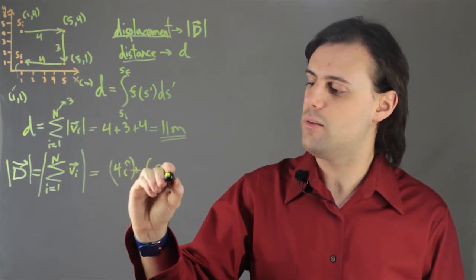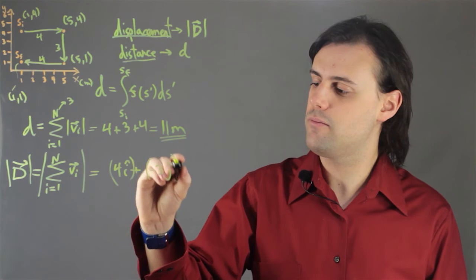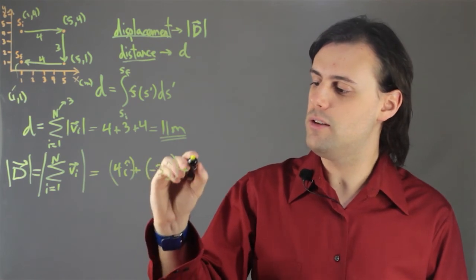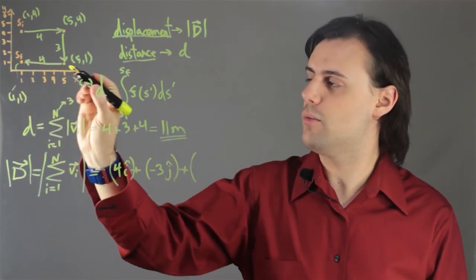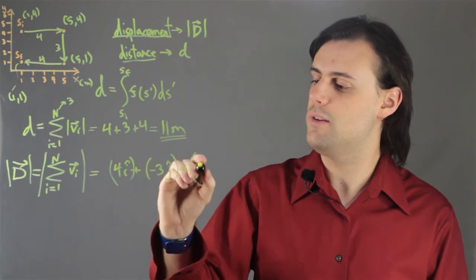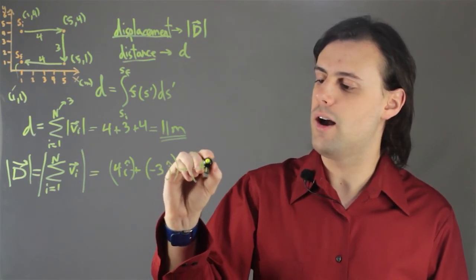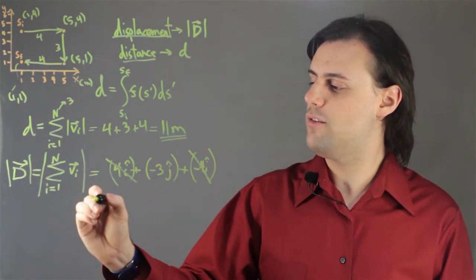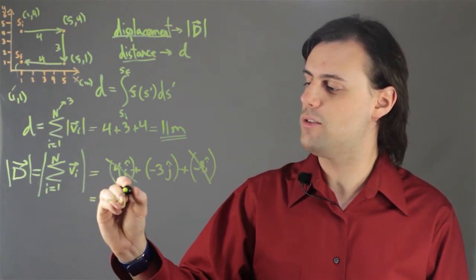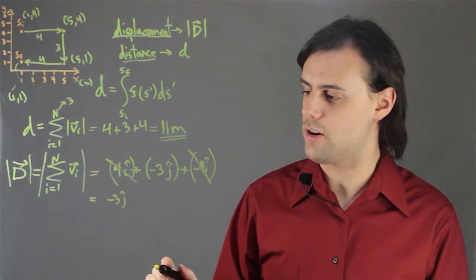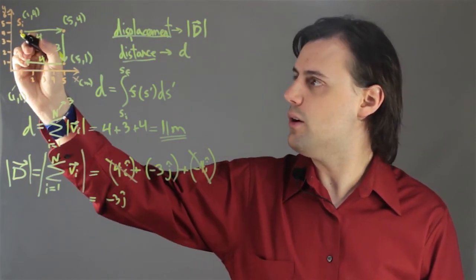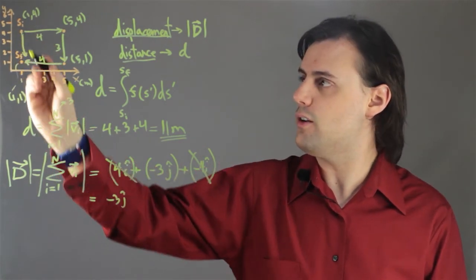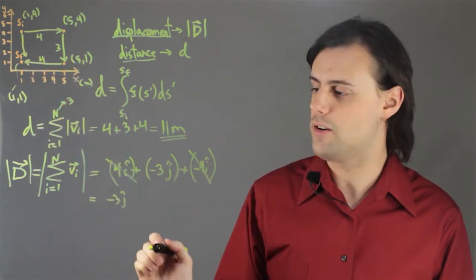So I have minus 3j, and then plus, I'm moving to the left, so I'm moving in the negative x direction, so I have minus 4i. These two cancel out, so I'm left with negative 3j as my resultant displacement vector, meaning I'm just going from the initial point to the final point if I just translate that vector.